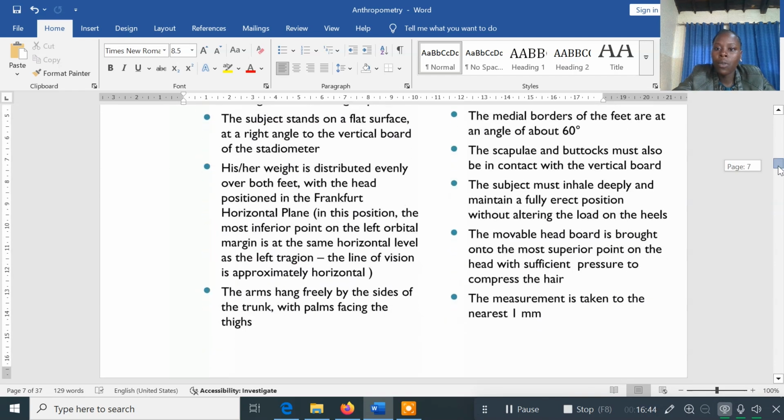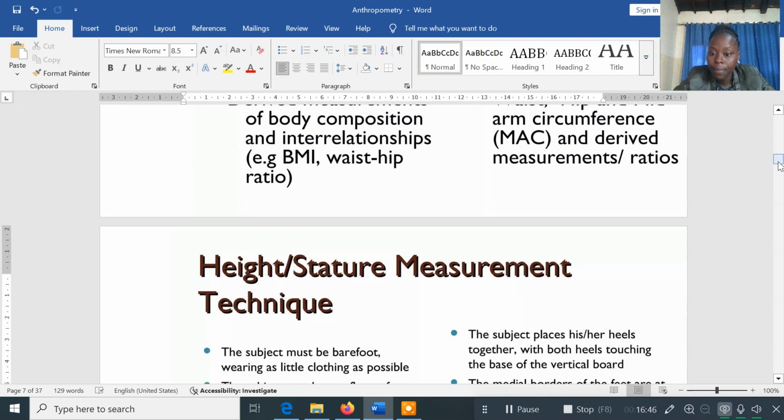Then you have to make sure that your subject places his or her heels together as they are standing. Heels have to be together with both the heels touching the base of the vertical board, that board you'll be using, or if at all you're using a wall ruler, the heels have to be in contact with the wall where that ruler is drawn.